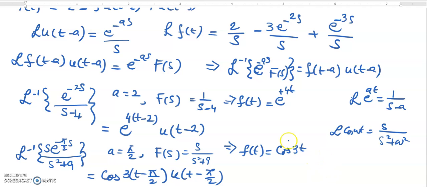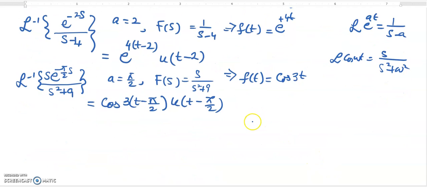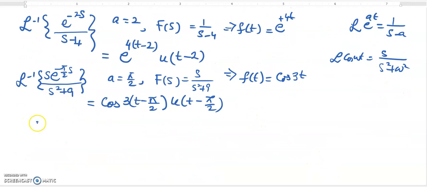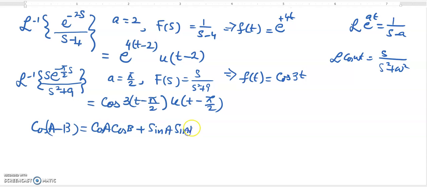But we can further simplify this cosine term. Since we know that cosine of a minus b is equal to cosine of a cosine of b plus sine of a sine of b, this formula from trigonometry we can apply over here.